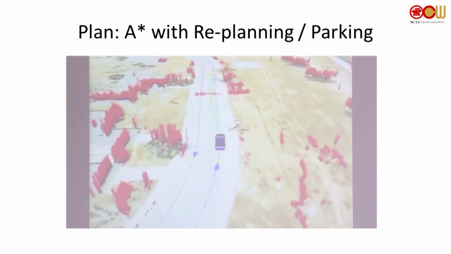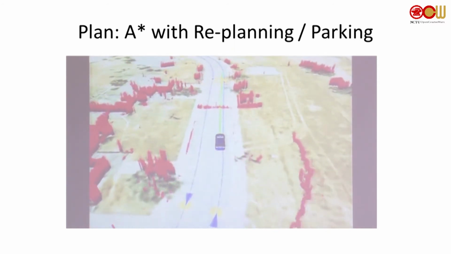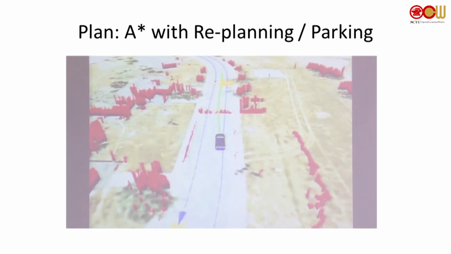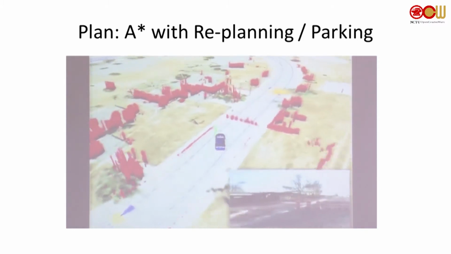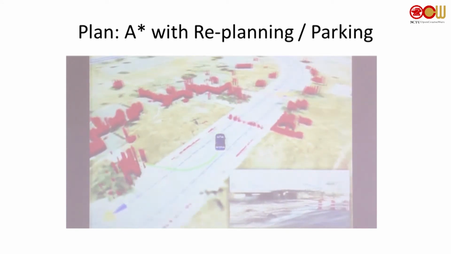So this is a scene where DARPA trapped our car using a barrier that went all across the street. The only way for the car to navigate this was to take a multi-point U-turn and plan this all by itself using A-star planning.